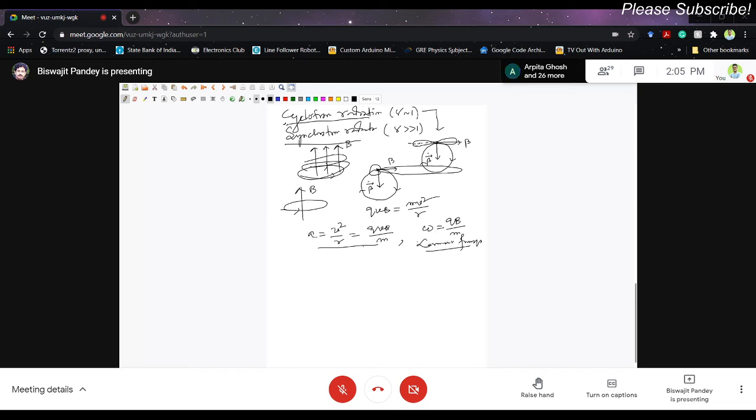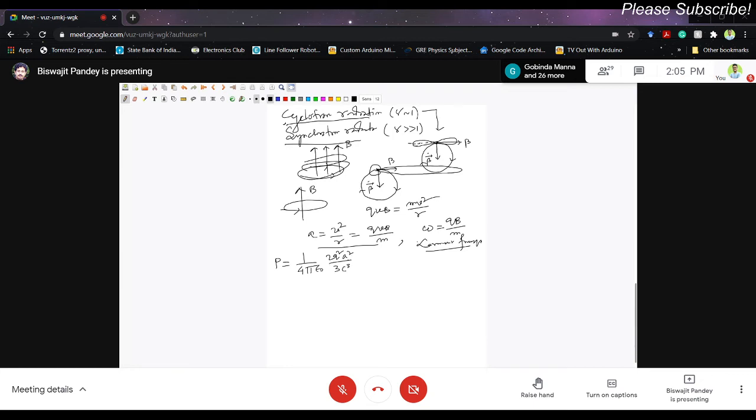So let us just calculate straight away the power radiated by an electron or charged particle moving in a circular path around a constant magnetic field. Since it is non-relativistic, we can straight away use this Larmor formula, which we discussed earlier. So 1 by 4 pi epsilon 0 times 2 q square a square by 3 c cube.